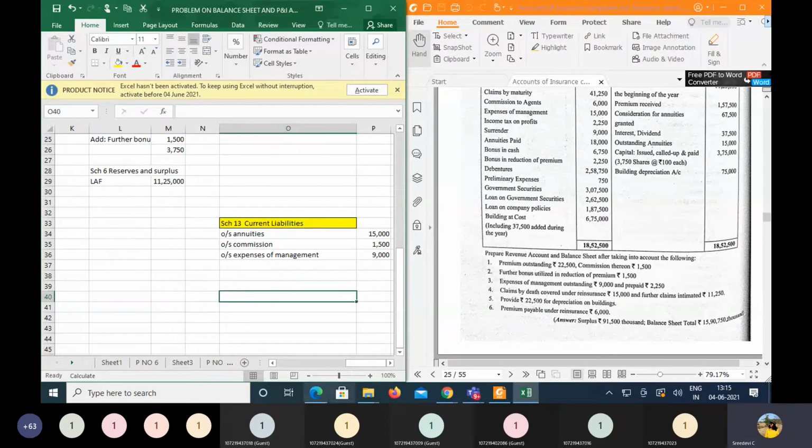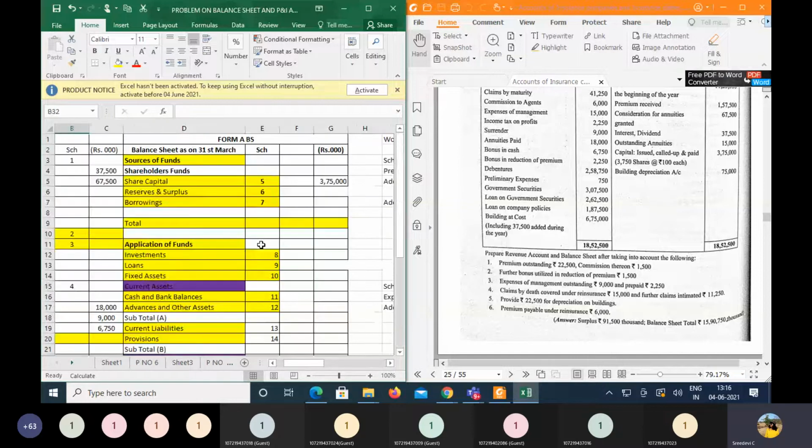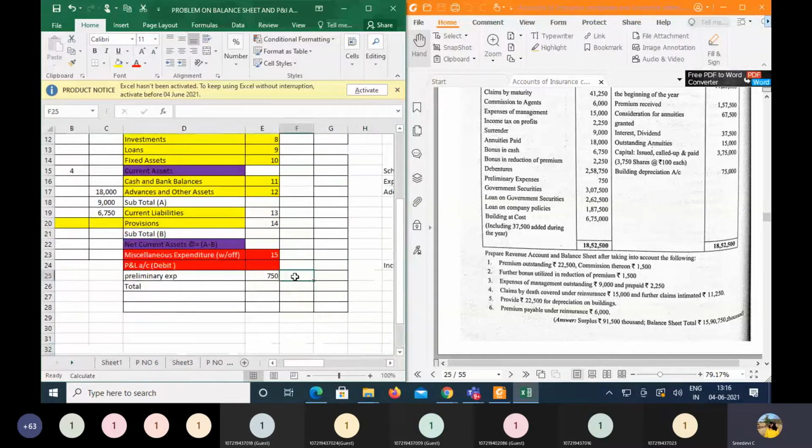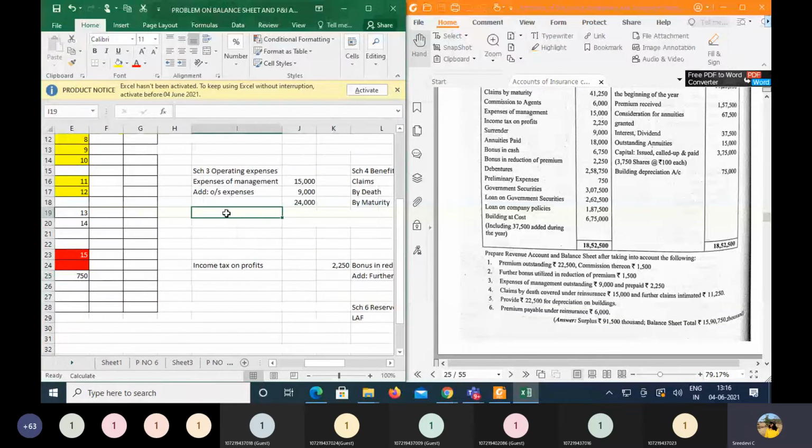So in continuation to that we have prepaid. If any amount of the expenses is prepaid, like you have always learned, insurance prepaid: if the insurance is prepaid, what we do is we minus it. So similarly here, the expenses of the management, as it has been prepaid, first minus it from the expenses.